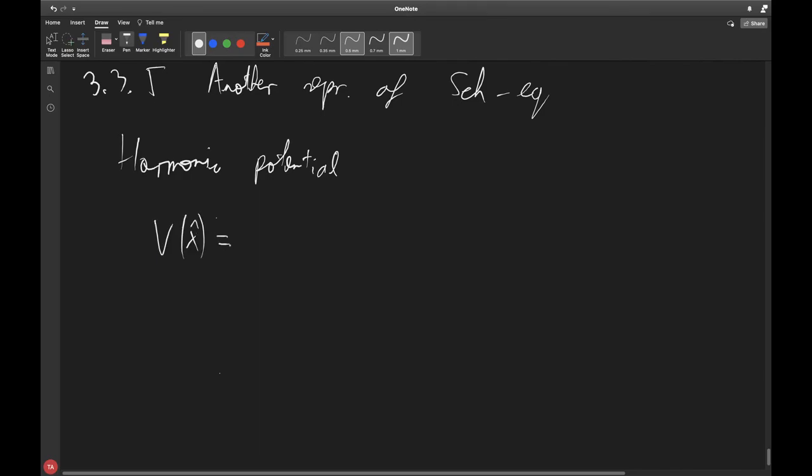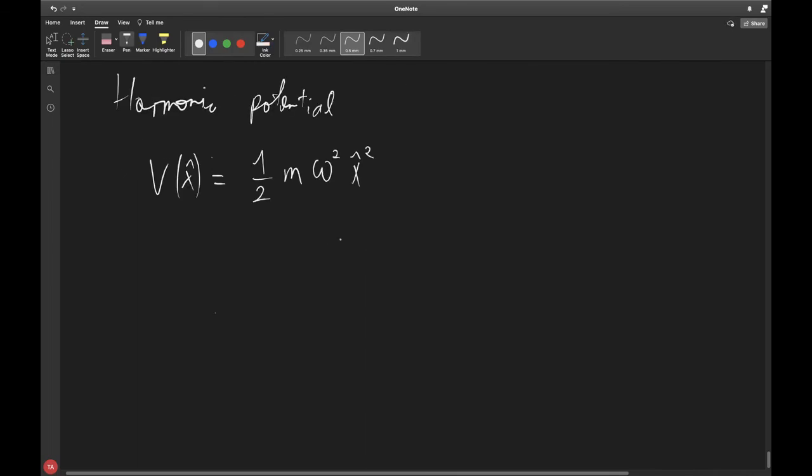So we said that the V potential is 1/2 times m, which is the mass, times omega squared, which is the frequency of the oscillation, times x, which is an operator we should not forget, squared. So this is the harmonic potential.